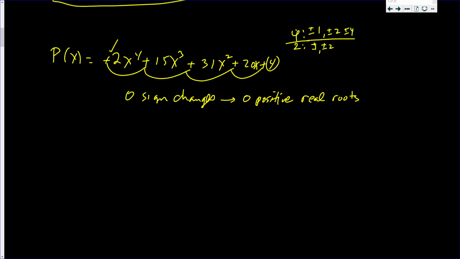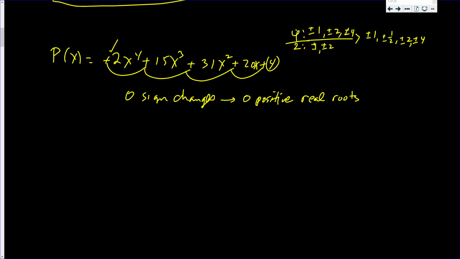The possible rational zeros will be plus minus 1, plus minus a half, plus minus 2, plus minus 4.